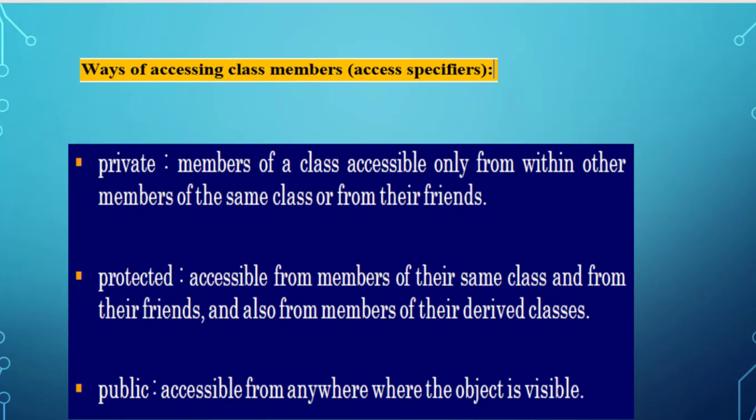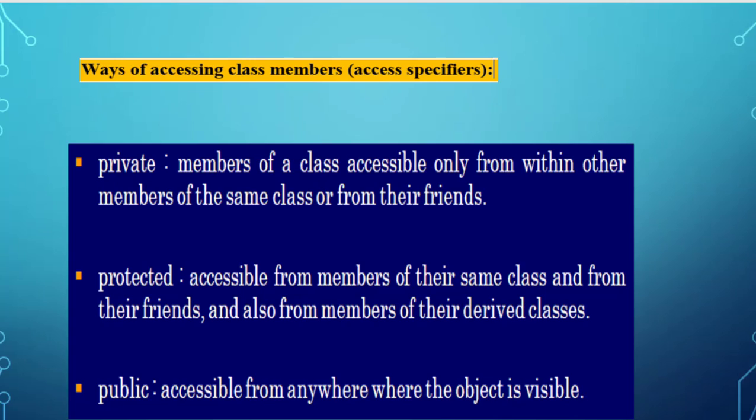Now let's see ways of accessing class members or access specifiers. As I have mentioned, we have private as access specifier. So normally an access specifier shows how much a member of the class can be accessed inside or outside the class.